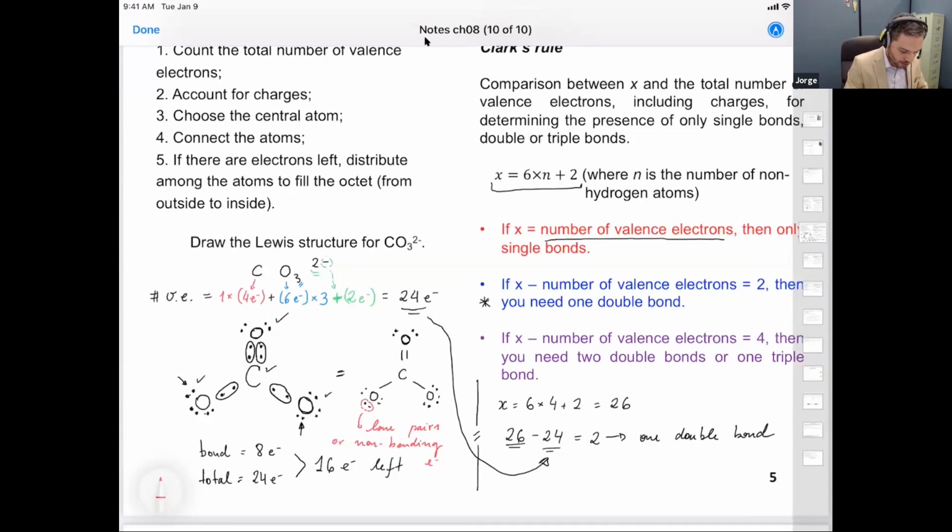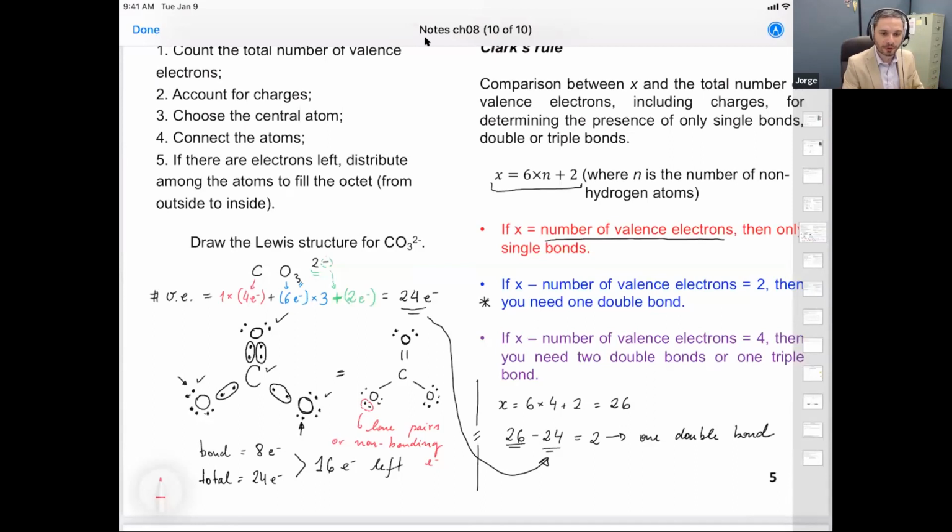Okay, so CH4 was a simple structure where we didn't have any charges and we didn't have any electrons left over. So therefore, there is not much secret to draw the structure. Carbonate is more complex, where we have to account for charges and we have leftover electrons after making the covalent bonds.